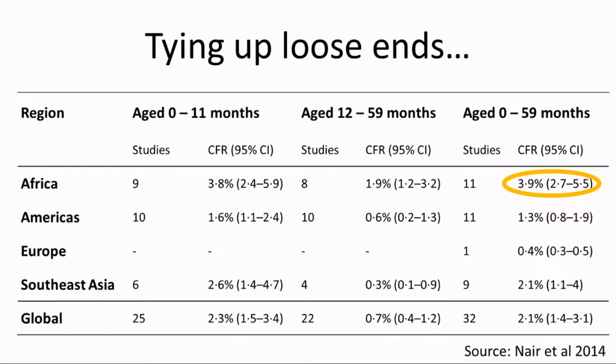So we've gone full circle, but there are still loose ends which we should probably tie up. So the evidence still shows that mortality among African children might be higher, and those concerns need to be addressed, and there needs to be an attempt at explaining this difference.